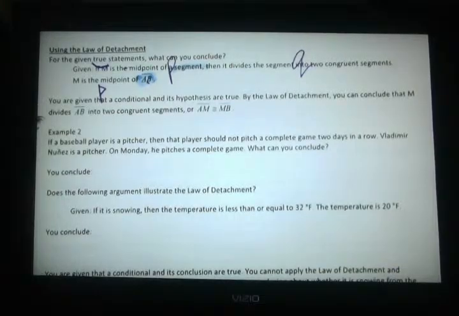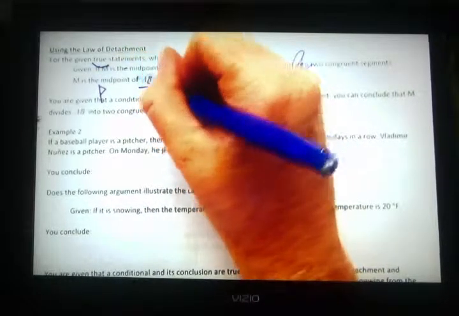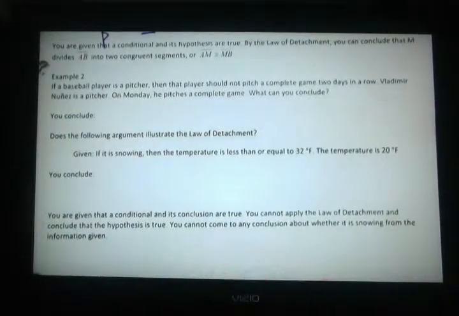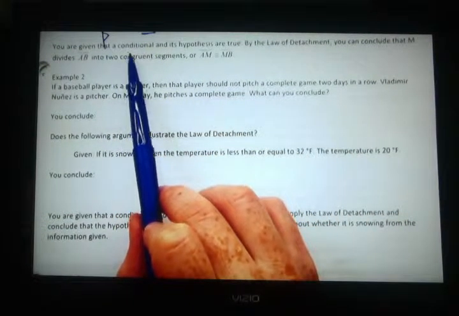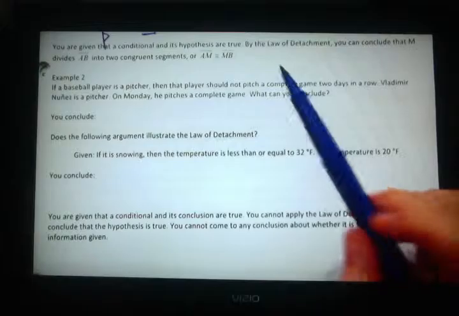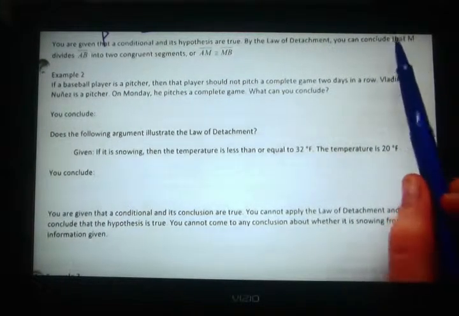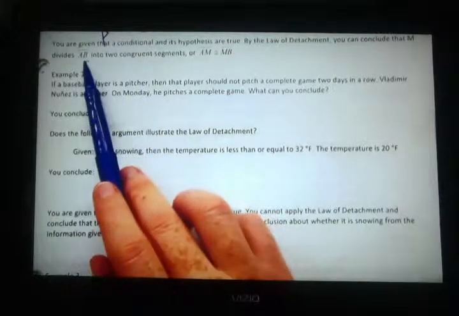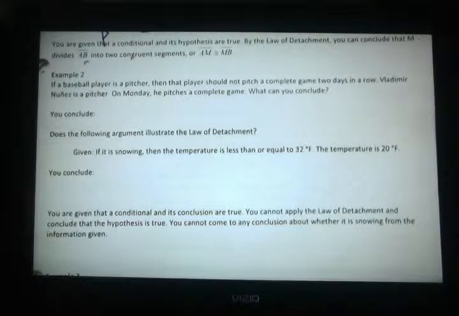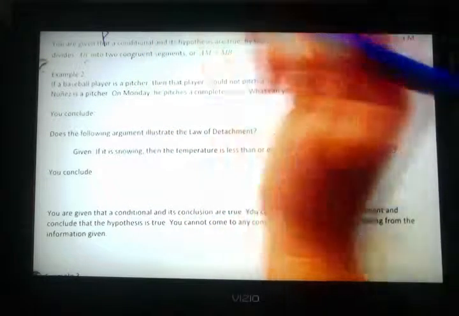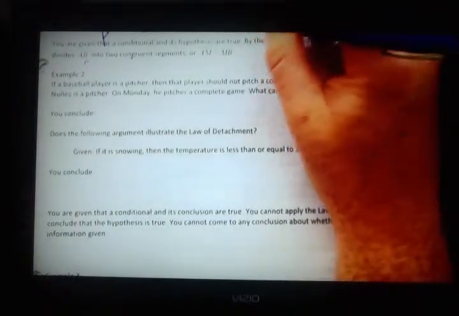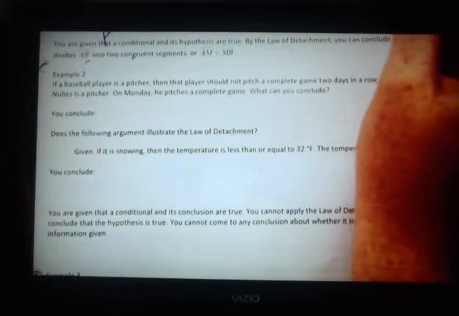So let's use the law of detachment to make a conclusion about this segment. Alright? So you're given that the conditional and its hypothesis are true. By the law of detachment, you can conclude that M divides AB into two congruent segments. Okay? So M is the midpoint of AB, therefore it divides the segment into two congruent segments.